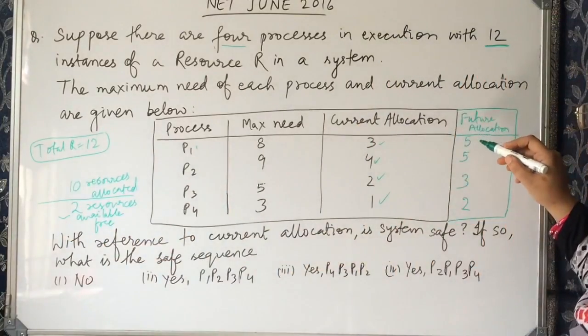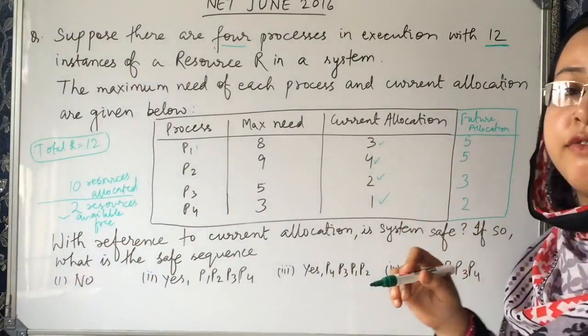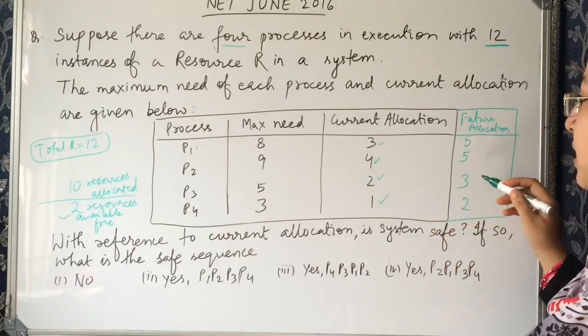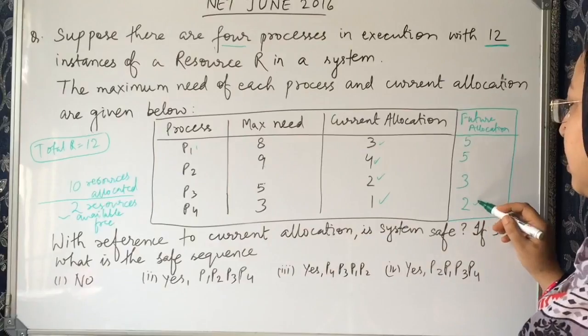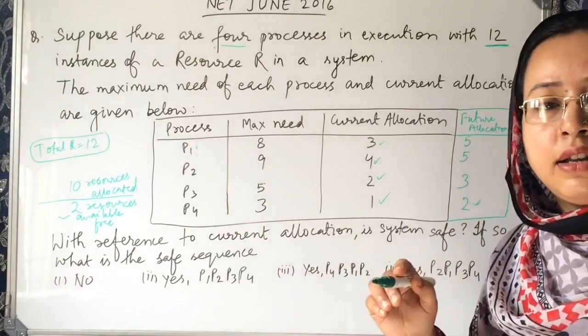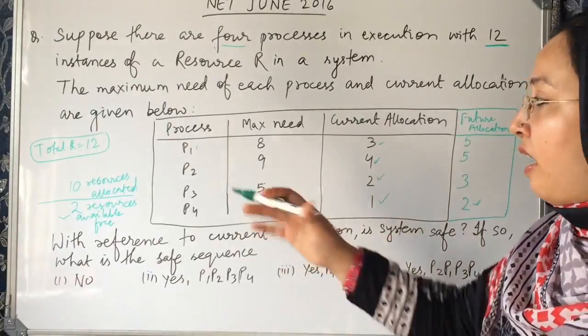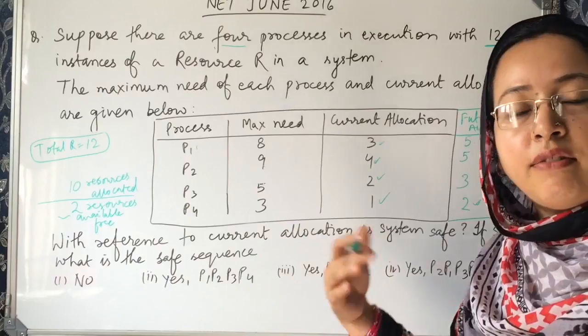Now P1 requires 5 more resources, P2 requires 5 more, P3 requires 3 more, and P4 requires 2 resources. So we will start from P4. We don't know yet whether this system is in a safe state or not; we have to check.